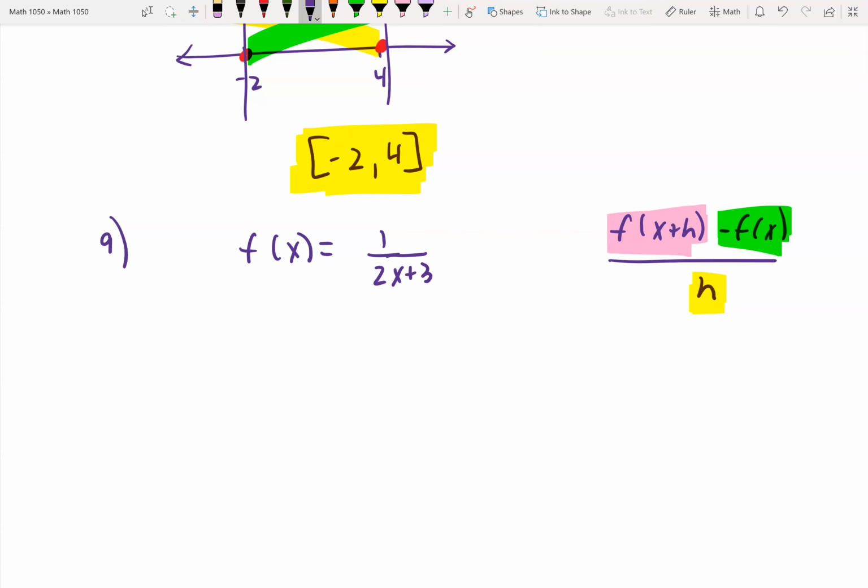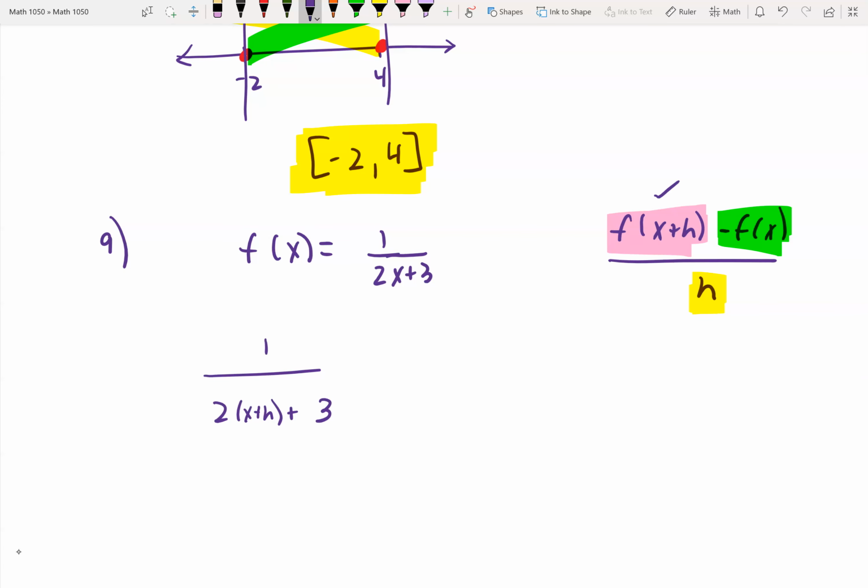So let's look at the pink, okay? F of x plus h means go into f of x and see that x, write down your f of x, but erase that x, and instead of putting an x, you would put x plus h. So this is the pink stuff. So that's done.